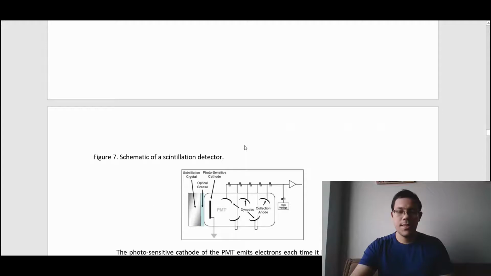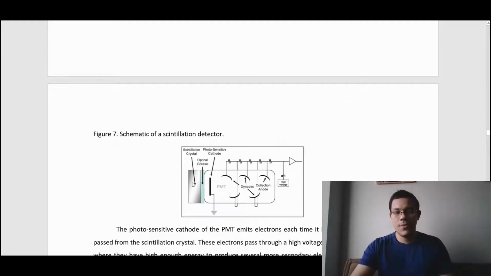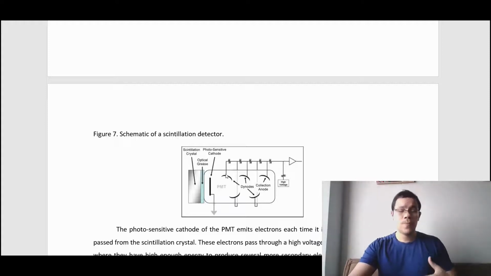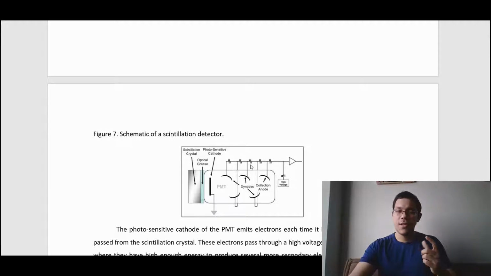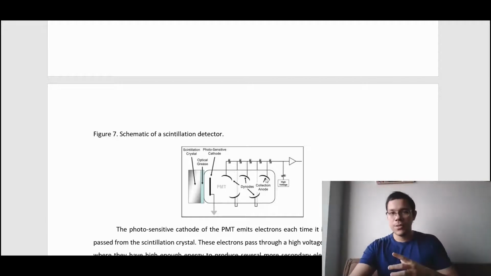Now, the detector, the scintillation detector. This is a diagram of the detector. Once a gamma ray enters into this crystal, remember the gamma ray technically is like a small piece of light, like a photon with no mass. So once a gamma ray enters into the scintillation crystal, it passes through this area called the photomultiplier, and the output will be a voltage, and depending on the energy level of that gamma ray, that energy level will be associated with the voltage.